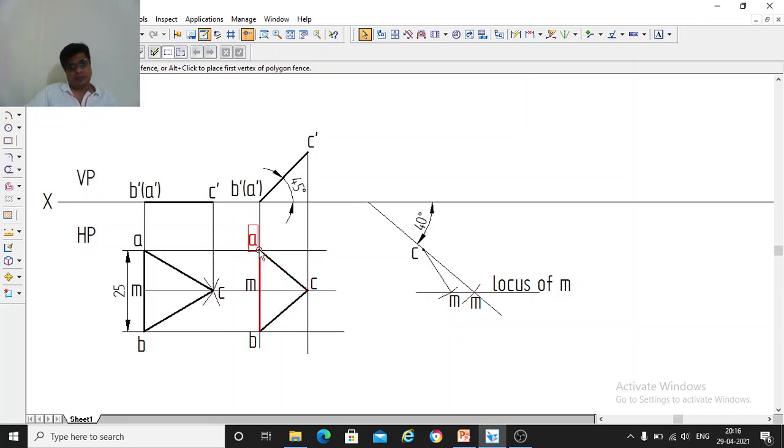AB is perpendicular to CM, so to this CM you draw a line AB perpendicular, and again extend that line on this side also.